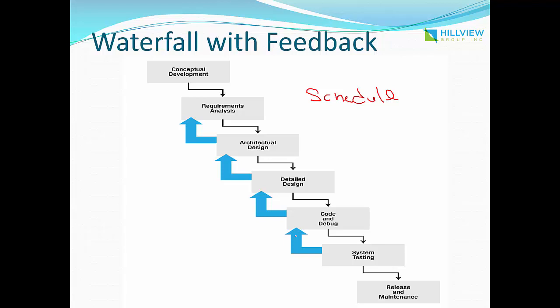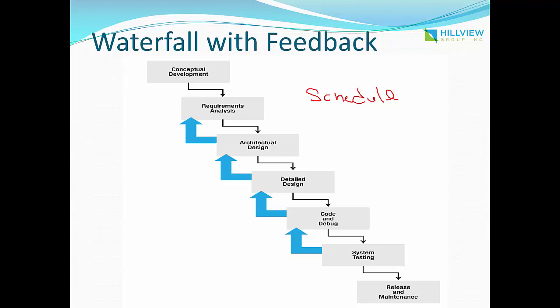Then it makes it harder to know when you are finished. Okay? So that's where there is an issue with the waterfall with feedback. Although it improves the waterfall model, you still have a problem with schedule, and then you don't really know when you are done. Okay?